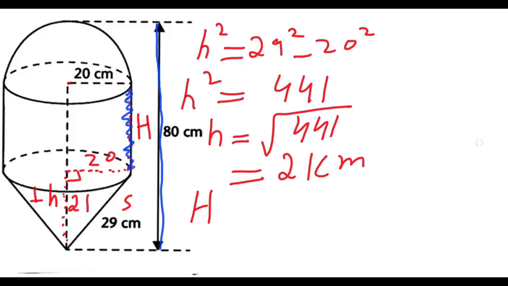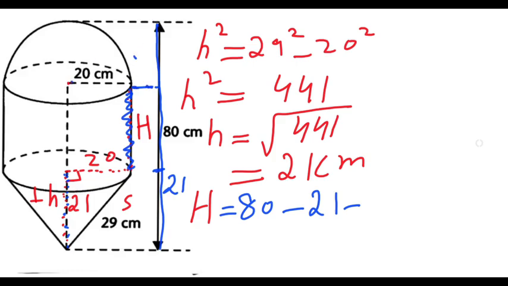To find the height of the cylinder, the total is 80 minus the 21 which we found now. From here till here is 21, and the top is a hemisphere.